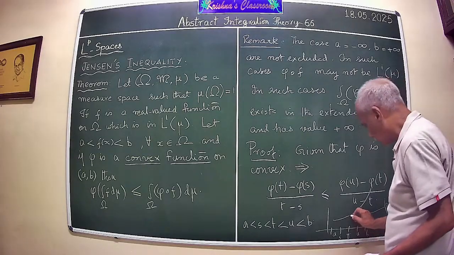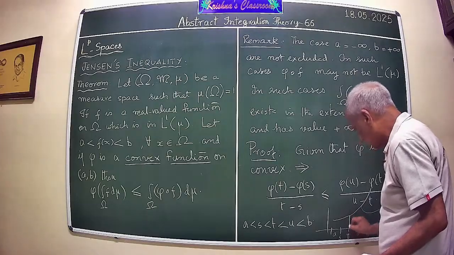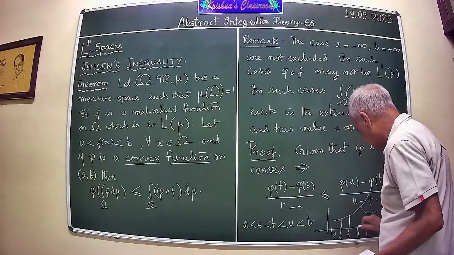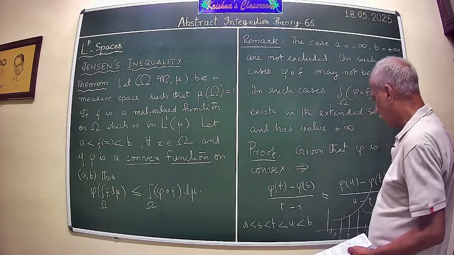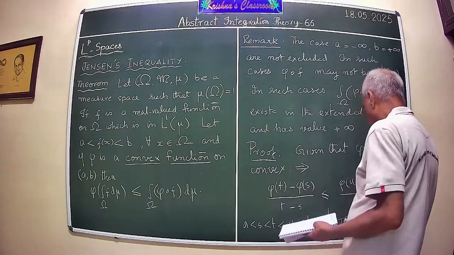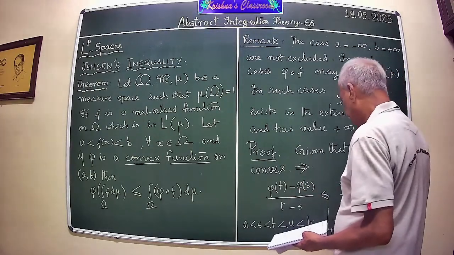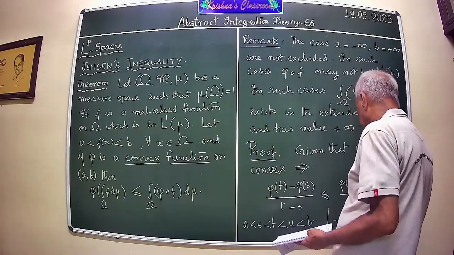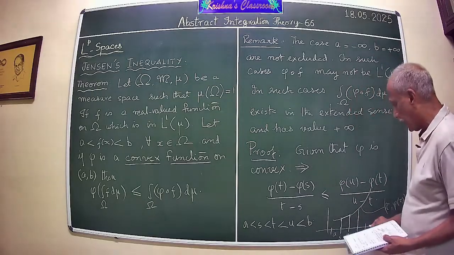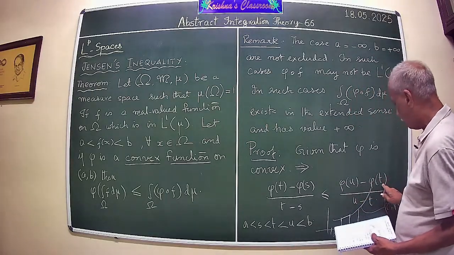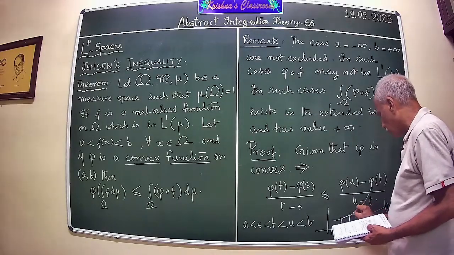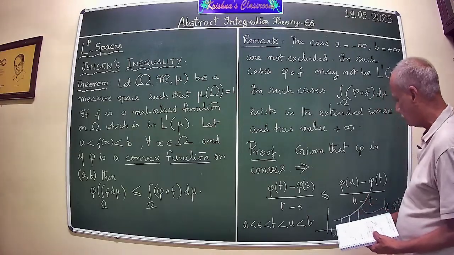Then this is the height phi(t), and here it is phi(s), and here it is phi(u). Now it simply says that what you are getting is the slope of this line. This is phi(t) minus phi(s) divided by t minus s, the slope of this line segment, and phi(u) minus phi(t) divided by u minus t is the slope of this segment.